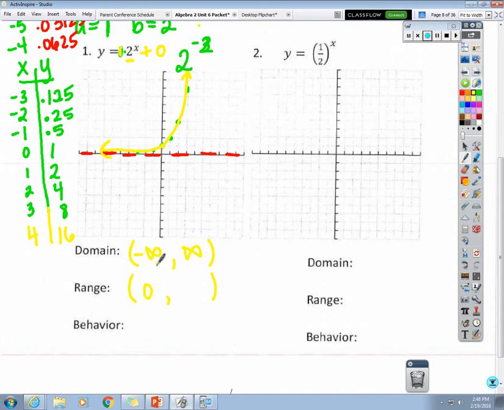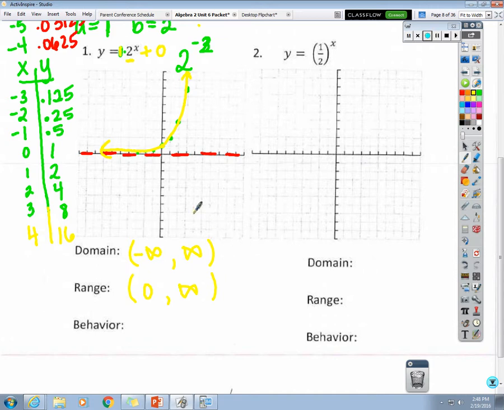There's an asymptote keeping it from going below 0. It won't actually touch 0, but we're just going to write it because the alternative is impossible. You can never write the smallest number there is. Now, how high up can it go? Infinity, because it goes up forever.